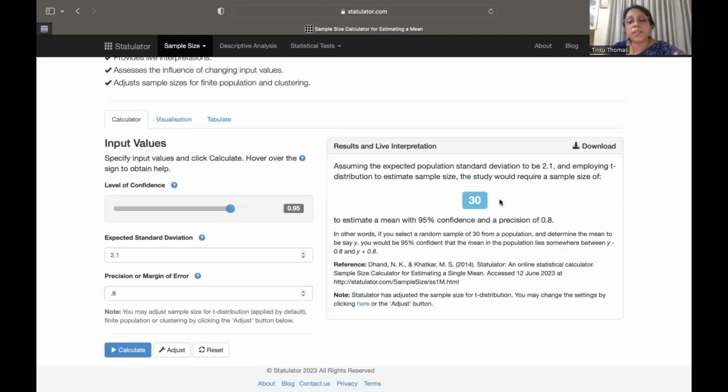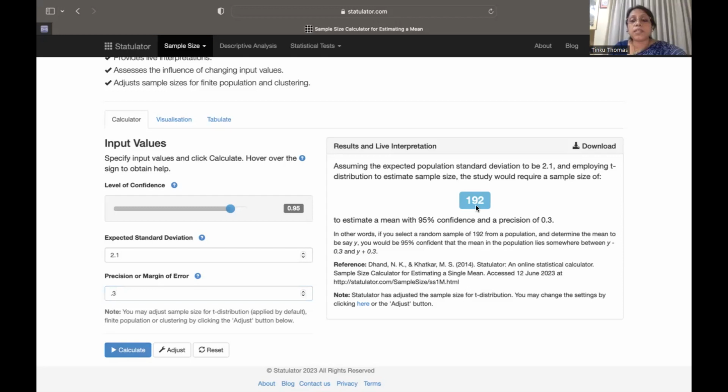So let me say the person for whom I am calculating the sample size says that actually I can afford to do a few more and have a much more precise estimate. In that case, what I'm going to do is to reduce this margin of error. Let me say my margin of error be only 0.3 instead of 0.8 and calculate.